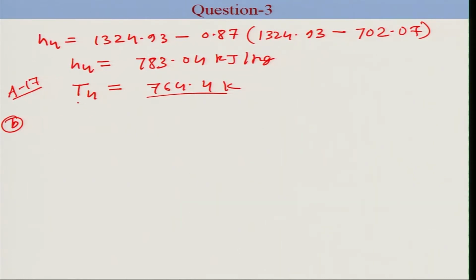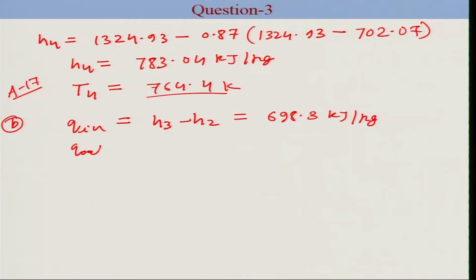Okay. So, in the second part of the question, it is asked that we have to calculate total work. So, Q in will be H3 minus H2, right. So, this will be 698.3 kilojoule per kg, and Q out will be equal to H4 minus H1 equal to 487.9 kilojoule per kg, right.